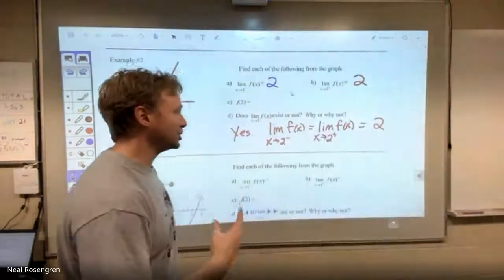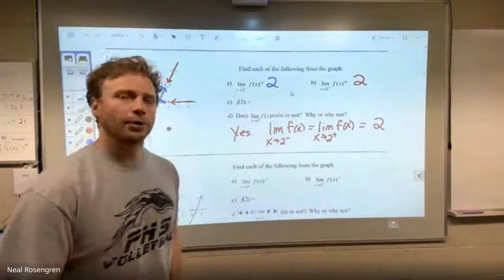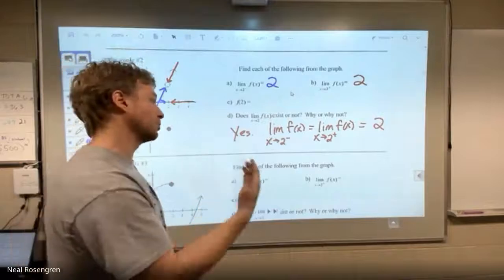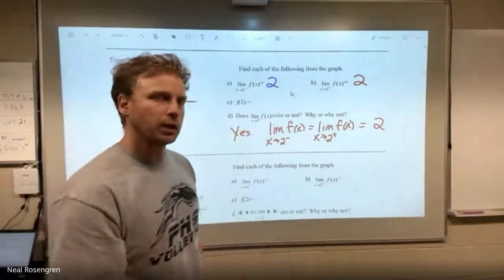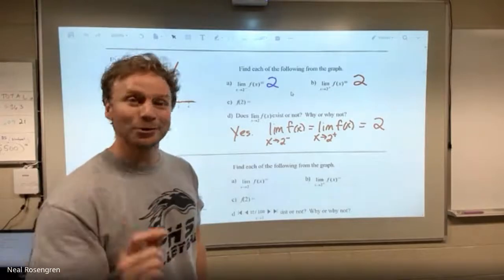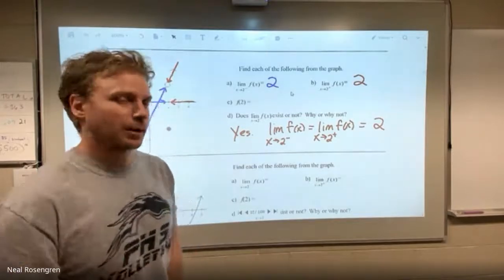You can actually just say it using calculus. The limit as x approaches 2 from the left is the same as x approaching 2 from the right, and they are both equal to this really nice or really ugly, but really real number. That's the key. So it's got to be some number.